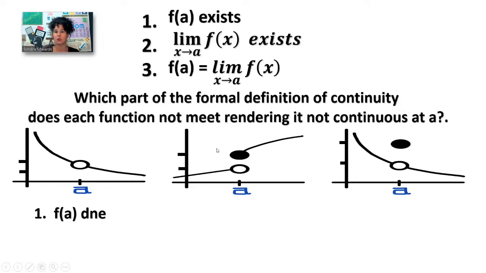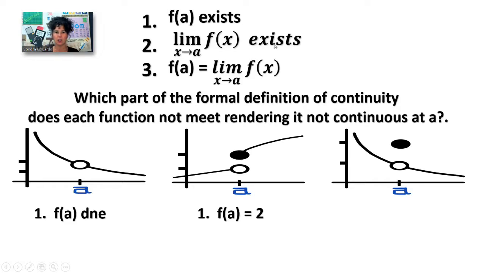Okay, let's move over to the second graph, and we want to use the formal definition to make our decision about the continuity at x equals a. So starting with number 1, f of a exists. Well, if I substitute a in, so I come to a, I go up until I hit the graph, and I look over, and yep, if I plug in a, I'm going to get out the answer 2. So f of a equals 2, so far part 1 has been met.